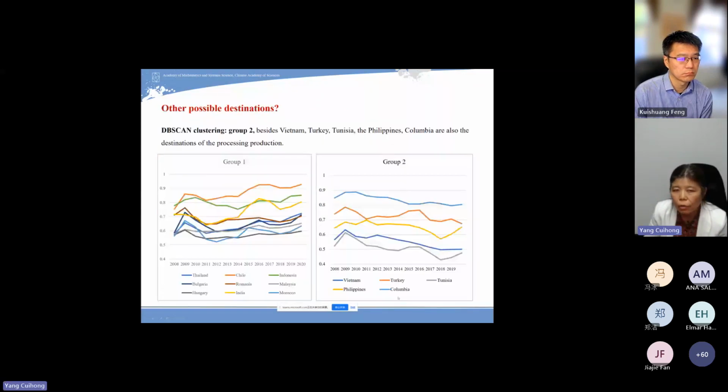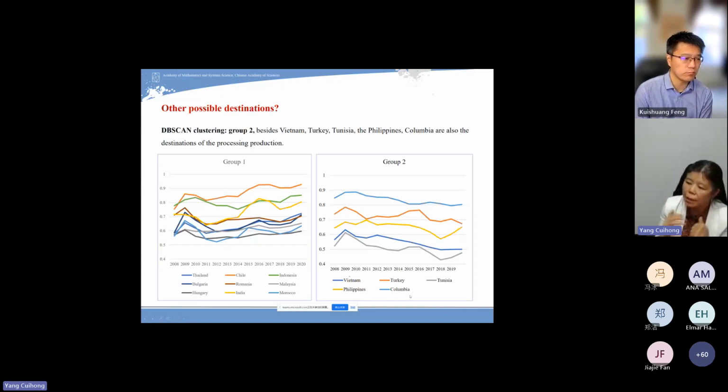And later on, we use clustering techniques to search for other countries and regions that are similar to the situation of Vietnam. Firstly, we grouped 5 economies besides Vietnam: Turkey, Tunisia, Philippines, and Colombia.